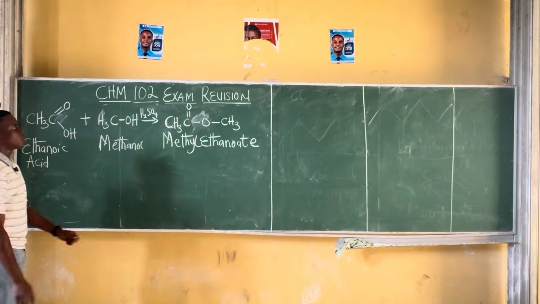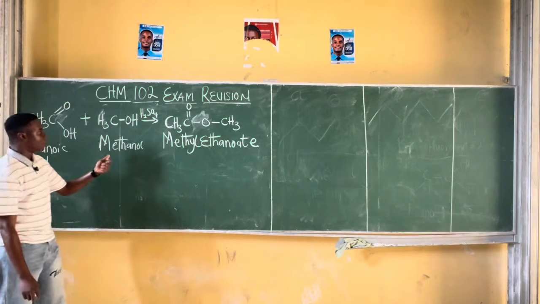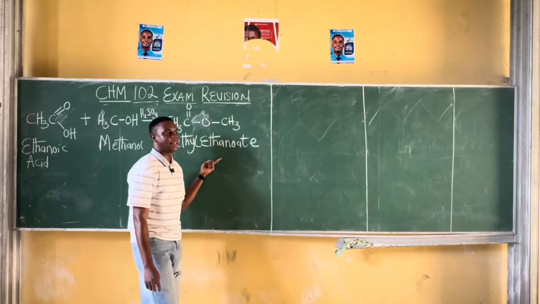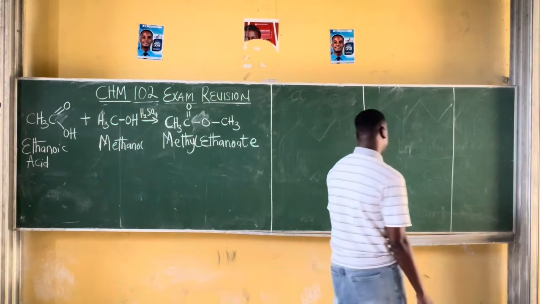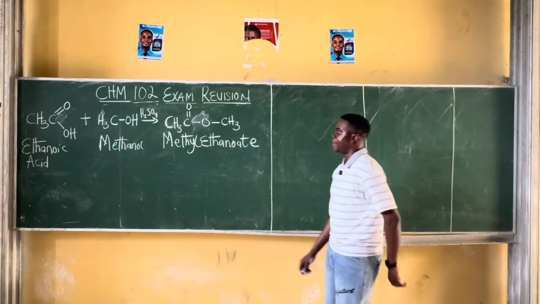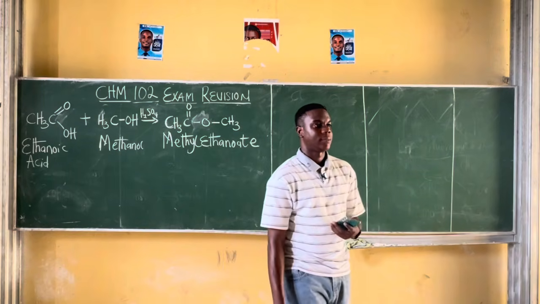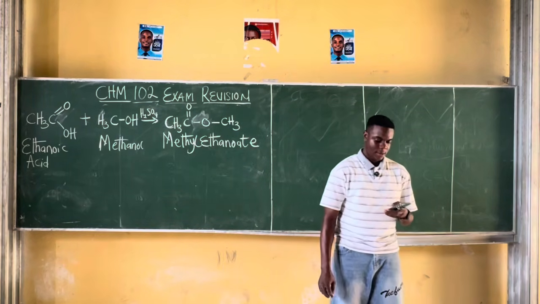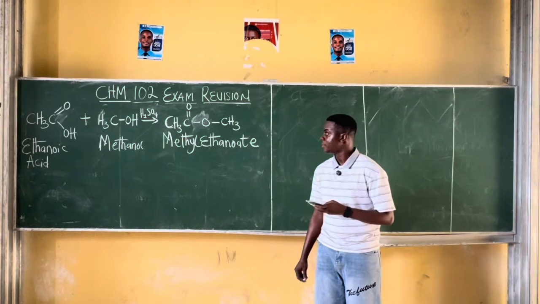In the presence of H2SO4, ethanoic acid will react with methanol to give you methyl ethanoate. Is it part of the options there? So this is the answer, methyl ethanoate. Okay, so that's it.